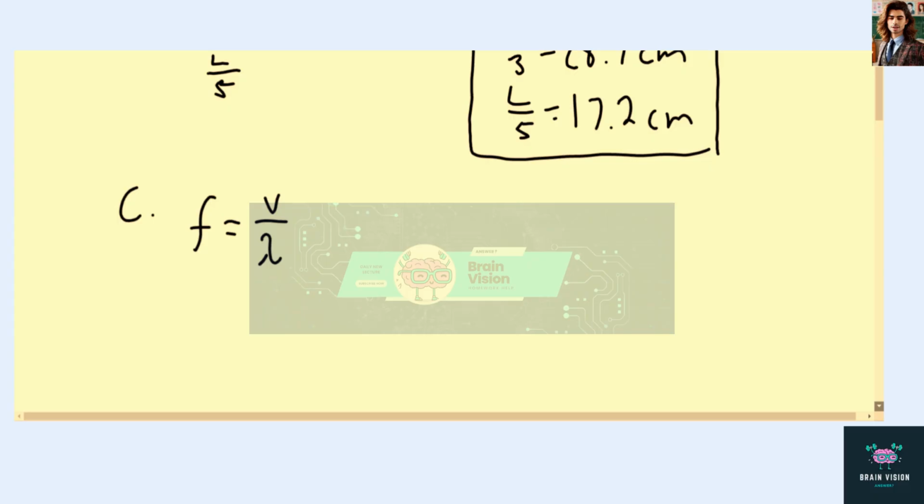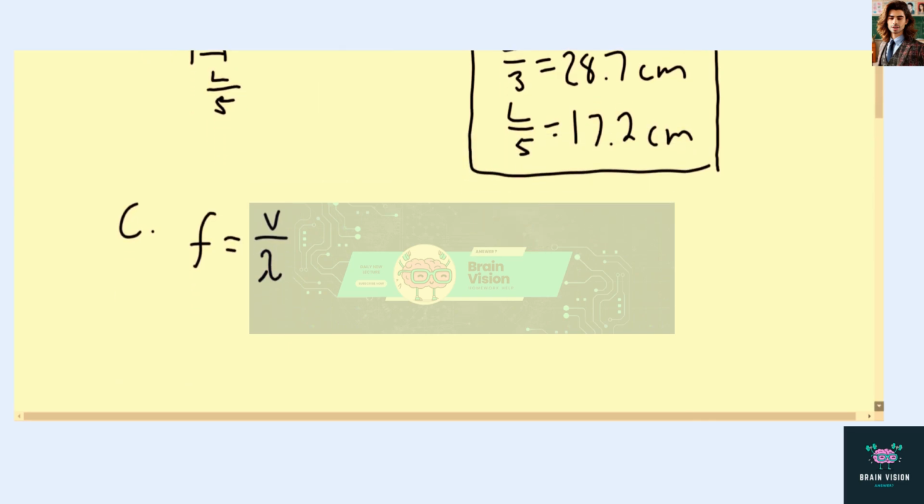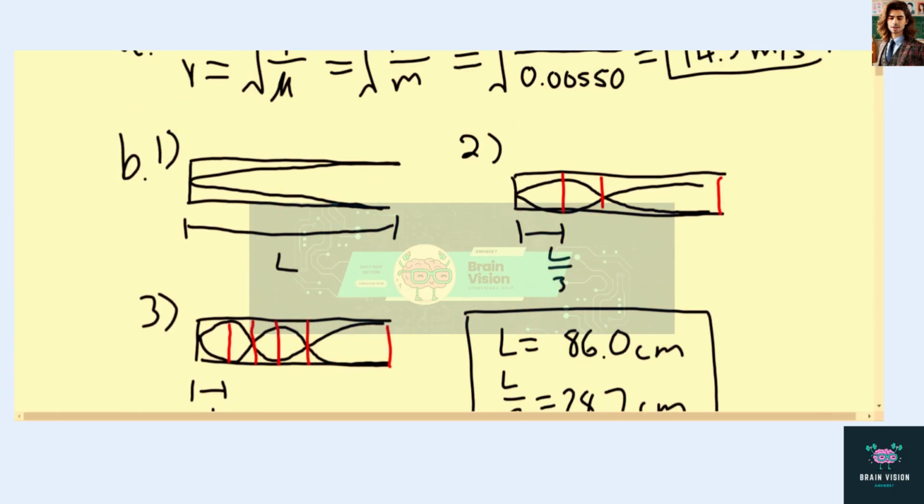And lambda is going to be, in this case, 4 times each of the lengths that we had in part B, because the distance from a node to its adjacent antinode is always 1/4 of the full wavelength. So we just take these 3 distances, 86 centimeters, 28.7 centimeters, and 17.2 centimeters, and we multiply them by 4 to get the wavelengths for each of the 3 modes of vibration.